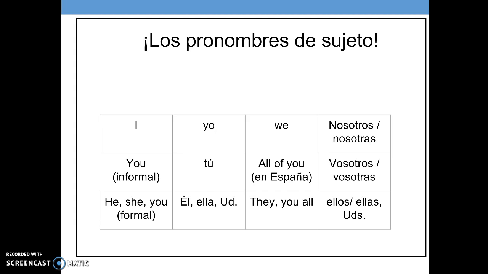We in Spanish is nosotros or nosotras. There's one form of all of you, vosotros and vosotras, that's only used in Spain. They in Spanish is ellos, for a group of all males or a mixed group, and ellas is for a group of all girls only. And you all, used in many other countries that speak Spanish, is ustedes.